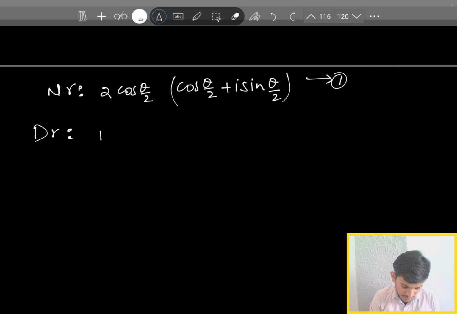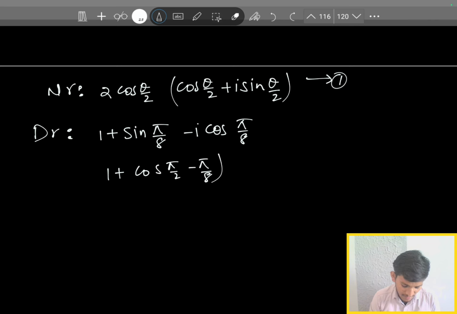Now let me go with the denominator. The denominator is given as 1 + sin(5π/8) − i cos(5π/8), which is 1 + cos(5π/2 − 5π/8) − i sin(5π/2 − 5π/8).